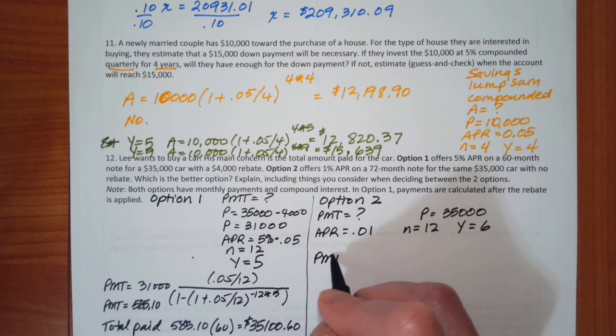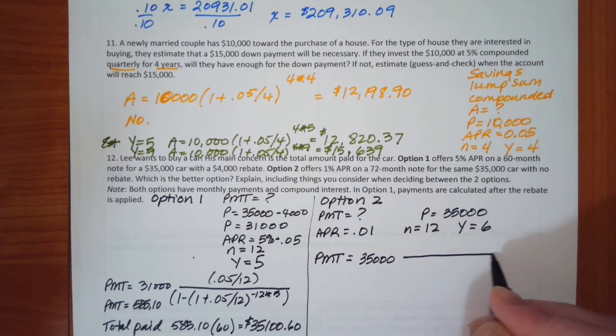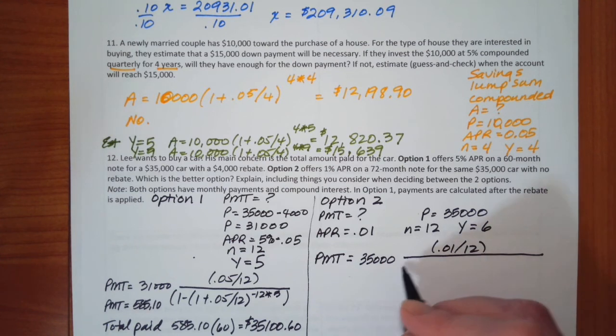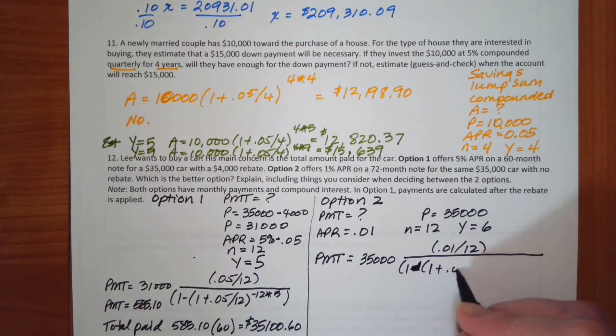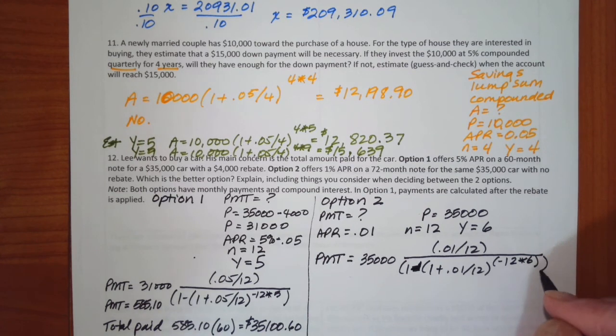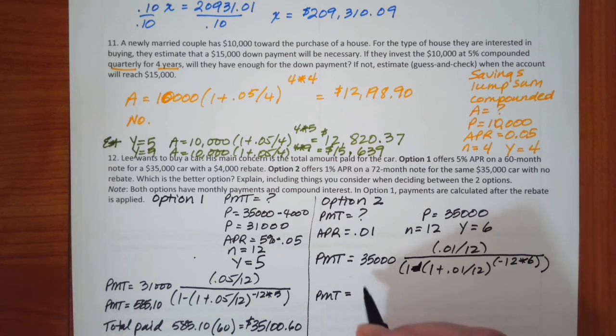So the payment is equal to the 35,000 times 0.01 divided by 12 divided by 1 minus 1 plus 0.01 divided by 12 to the negative 12 times 6, which means that the payment is $501.40.